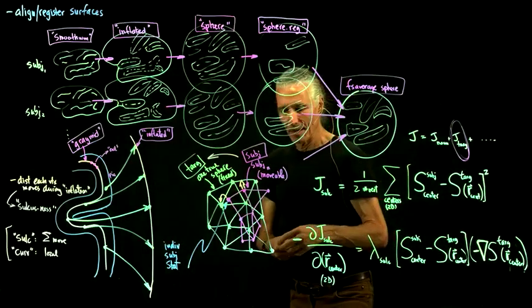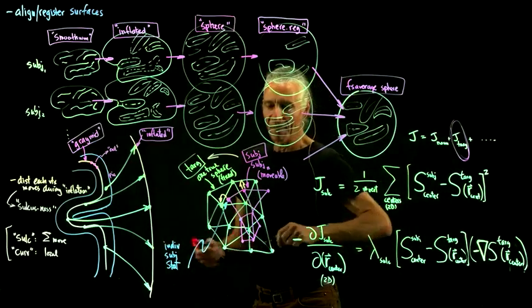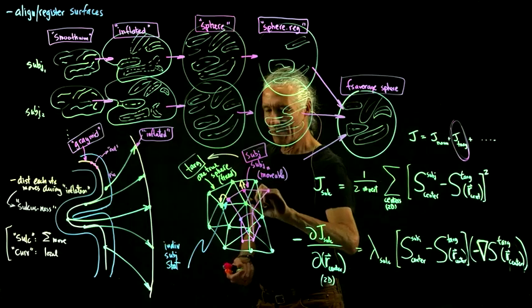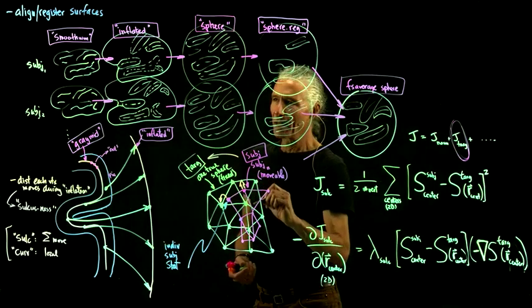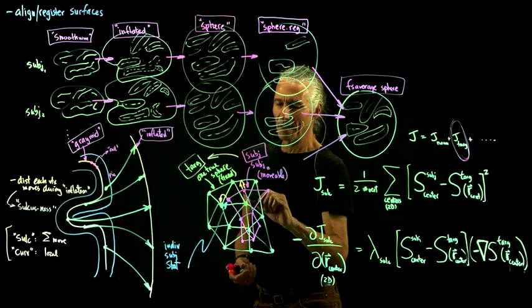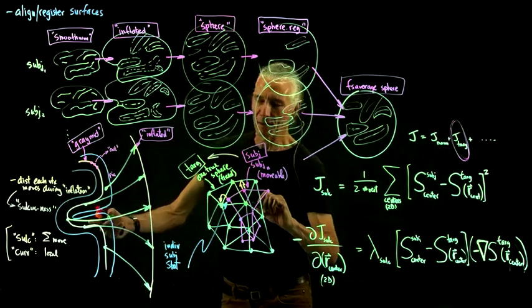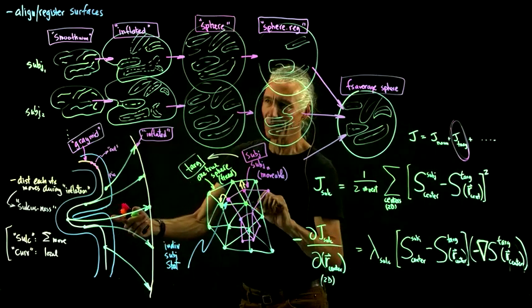You would go to this vertex, and then look around that vertex, and figure out which way the sulcus measure changes the most rapidly. That's the meaning of the gradient.